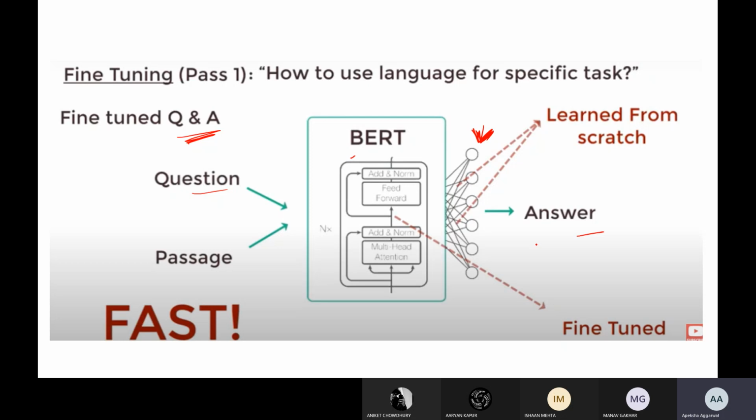So instead of doing everything from scratch, you are just using whatever knowledge you had previously, and it will use that knowledge to solve whatever application you want. Sentiment of your data, question answers for your data, everything can be performed in the second step. So this is the idea behind BERT, and this process goes on.